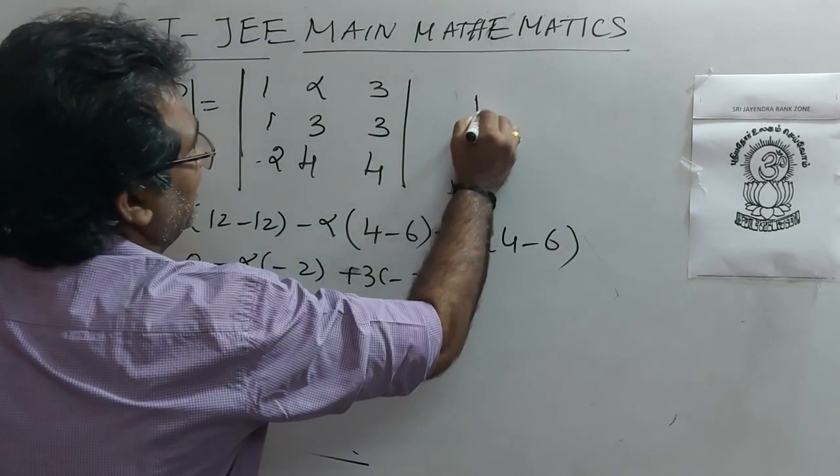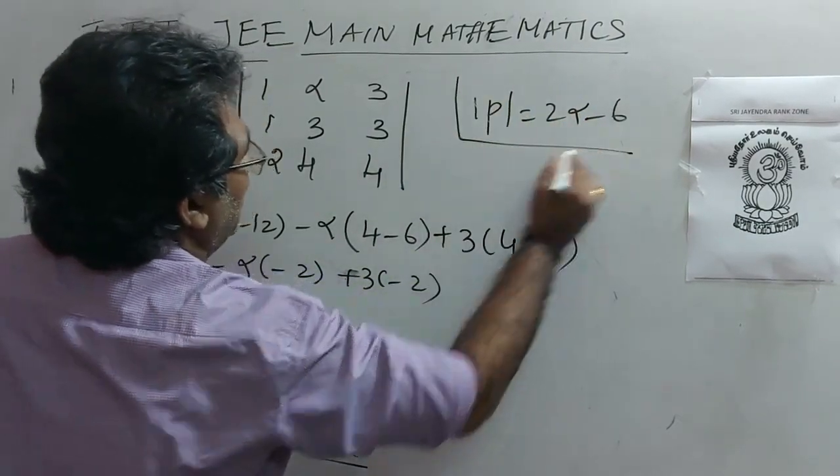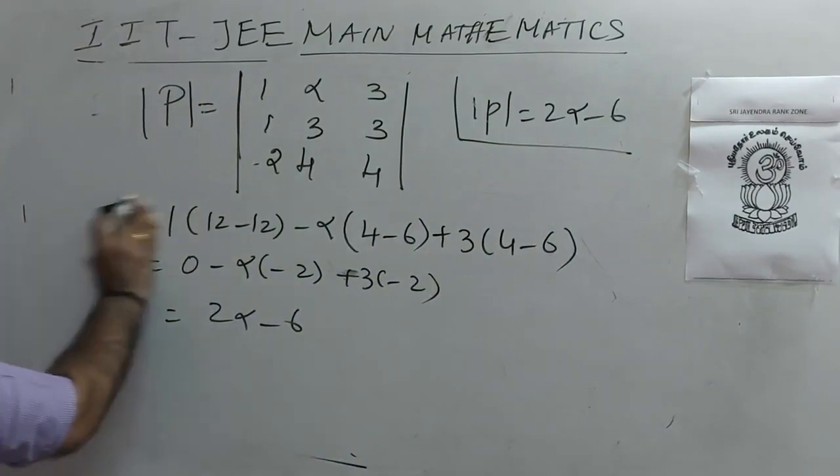So determinant P equal to 2 alpha minus 6.